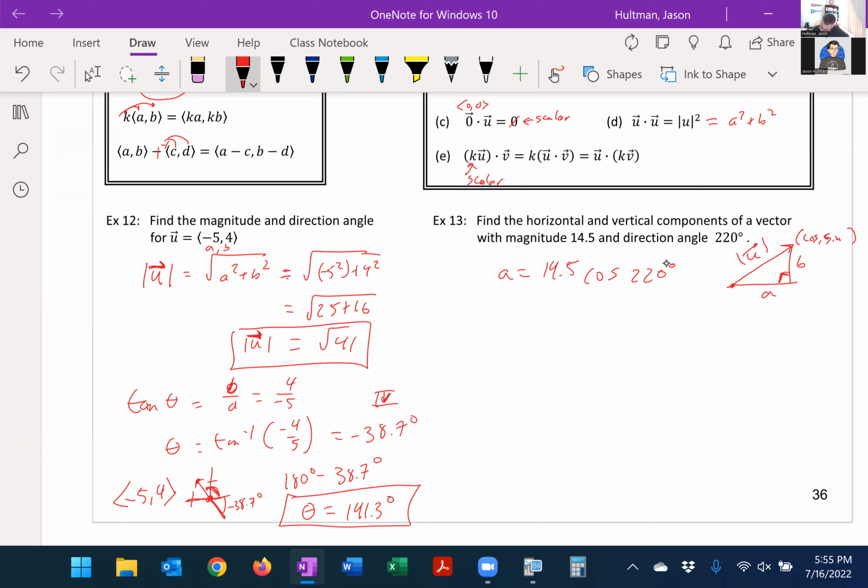So A is equal to u times the cosine of theta, and u times the sine of theta will give me B.